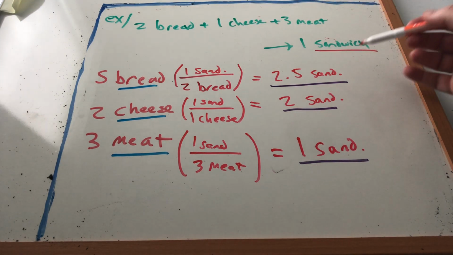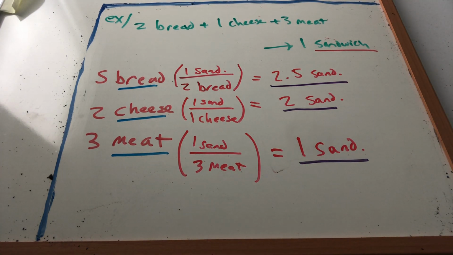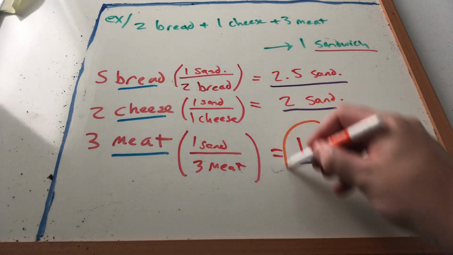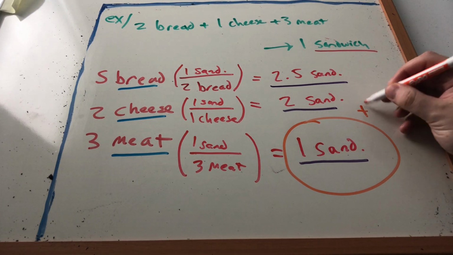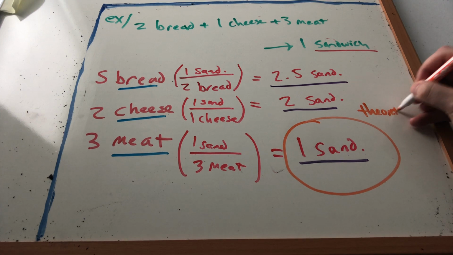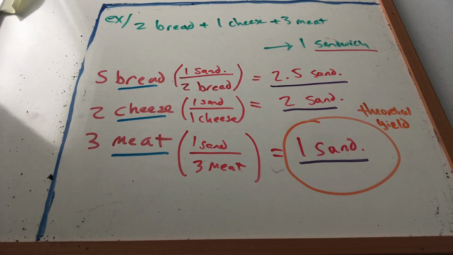So 5 pieces of bread could possibly make 2.5 sandwiches. 2 pieces of cheese could possibly make 2 total sandwiches, but 3 pieces of meat can only make 1 sandwich. So how much is made? That 1 sandwich. This we would refer to as the theoretical yield. The theoretical yield. All right. And I'll talk about why we need to give it that name in a bit.